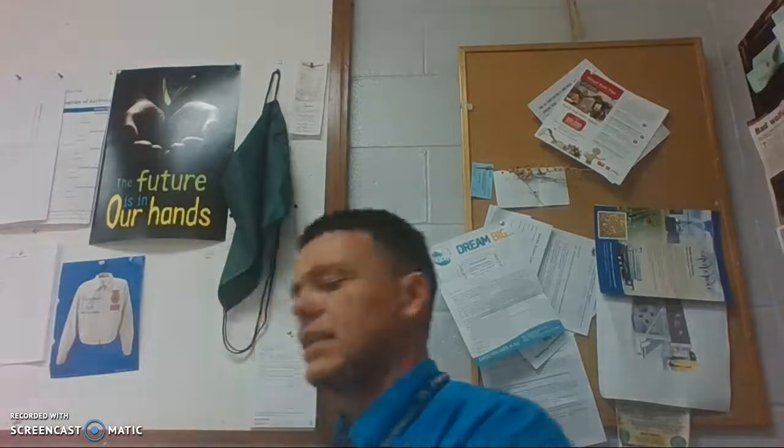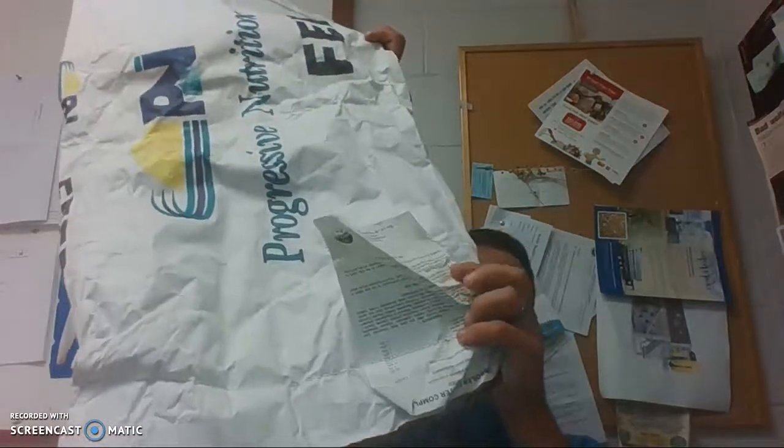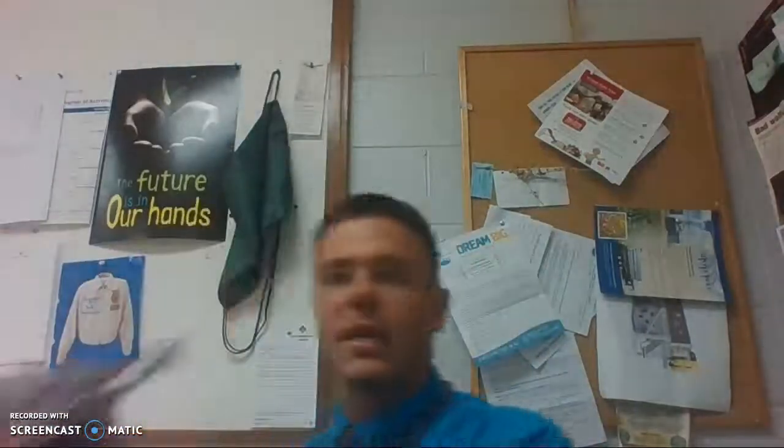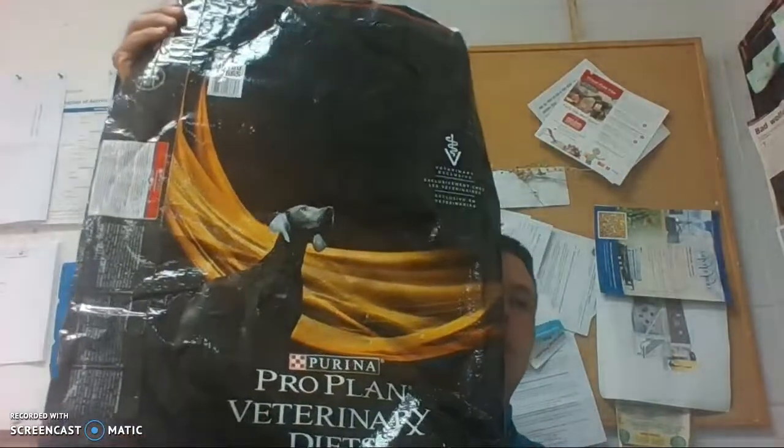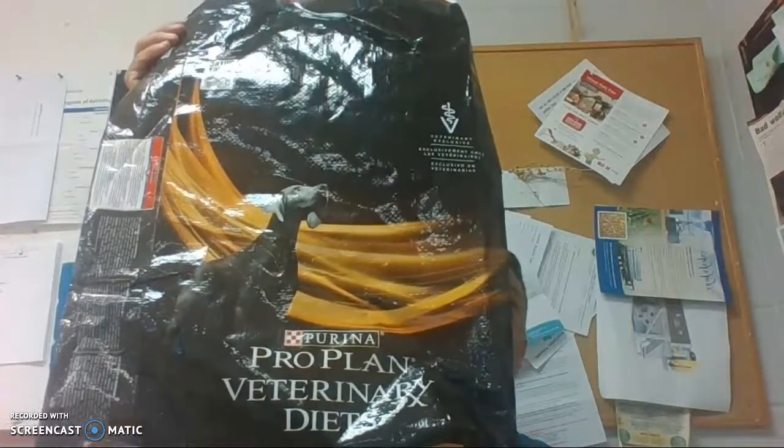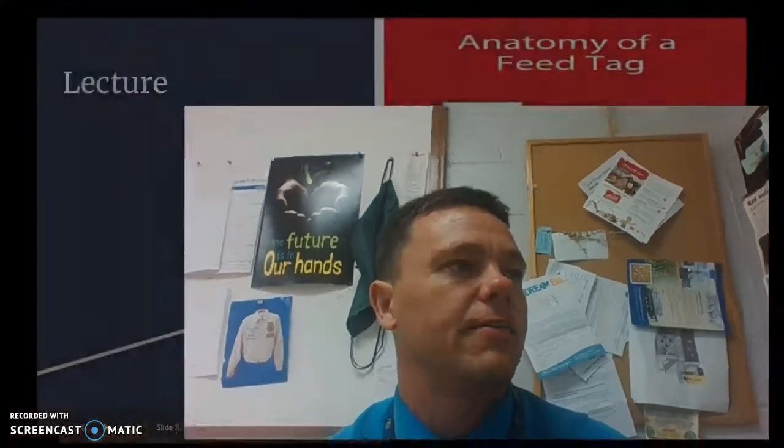For instance, it could be on a big feed sack, and the feed label could be this little feed label tag that's at the bottom. Or it could be one of these. Maybe you recognize this a little bit better, and so it's got the pretty advertising all over it, but it still has all the information, especially down in this corner here, where you're going to have the anatomy of the feed label itself.